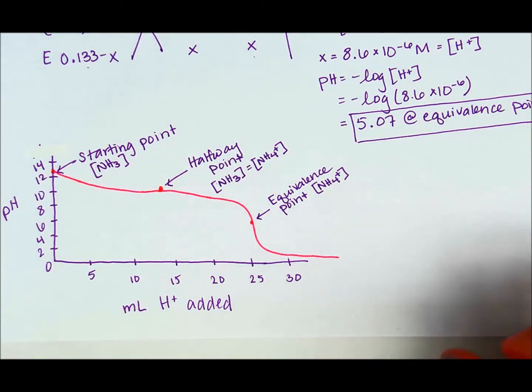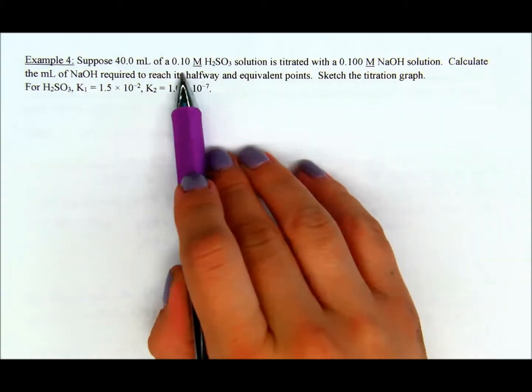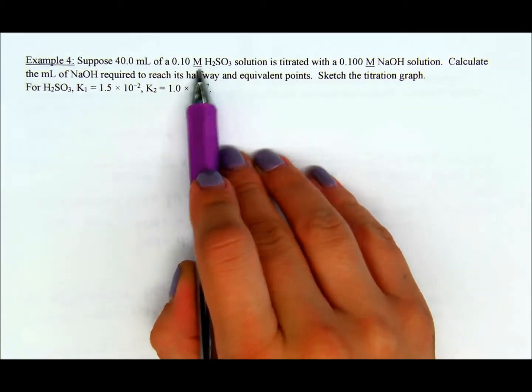So let's go ahead and take a look at example number 4. Okay, in this last example, we are going to take a look at a polyprotic acid. So we're going to take 40 milliliters of 0.1 molar sulfurous acid. This is not sulfuric, this is sulfurous acid.